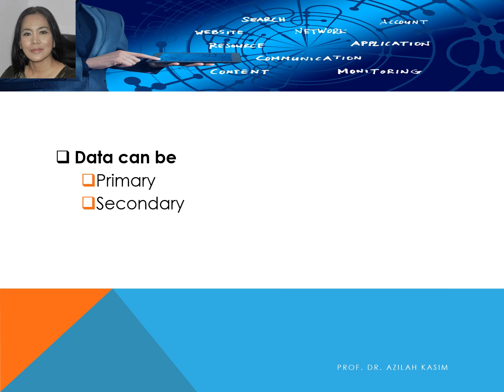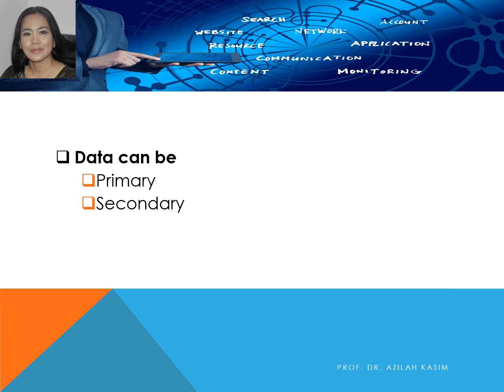So the data can be either primary or secondary. Primary means this is the data that we as researchers collect ourselves. We go out there in the field, we distribute our questionnaire, or we set up our interviews so that we can actually record and collect all the information ourselves. That is primary data.